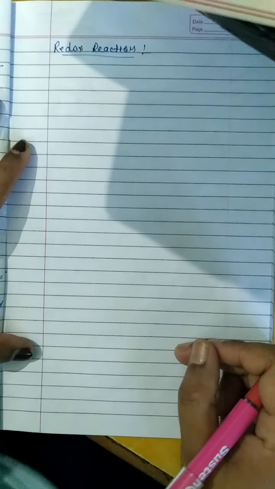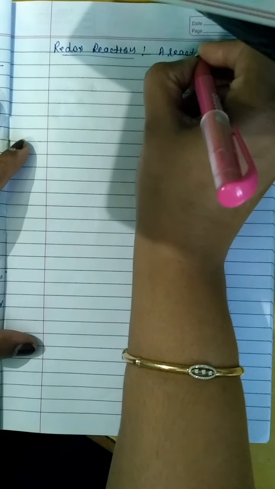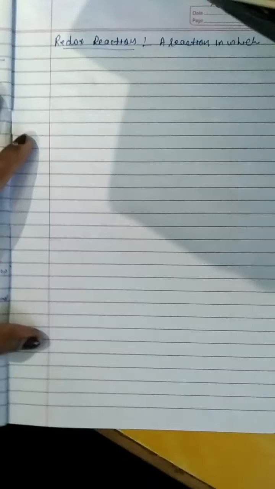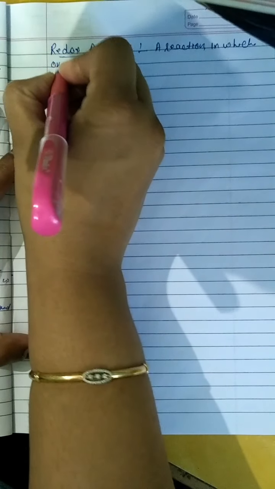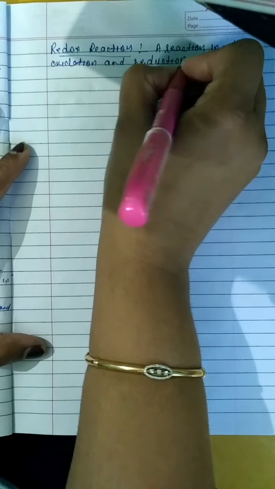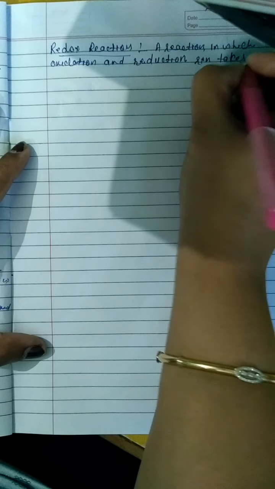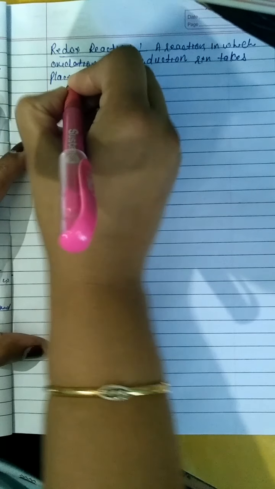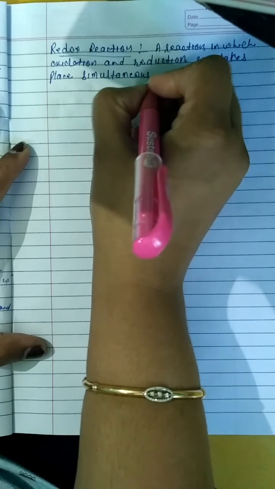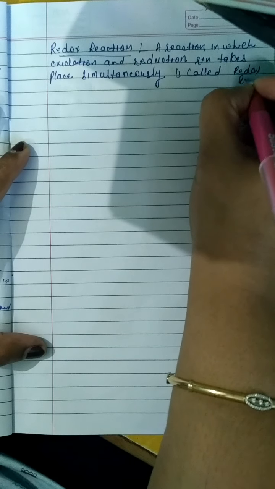What is the redox reaction? A reaction in which oxidation and reduction reaction takes place simultaneously is called redox reaction.